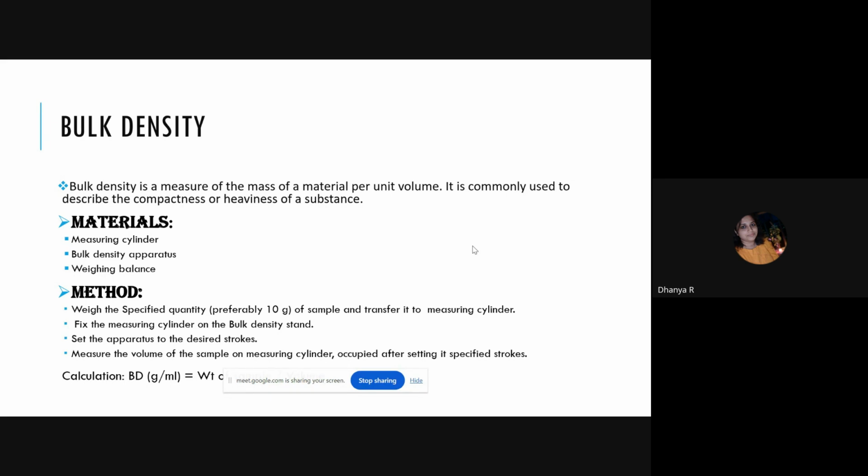I am saying cotton because it is easier for you to imagine. If you pack both these, the packings would be very different. So to find out what the packing size should be, they use this bulk density.